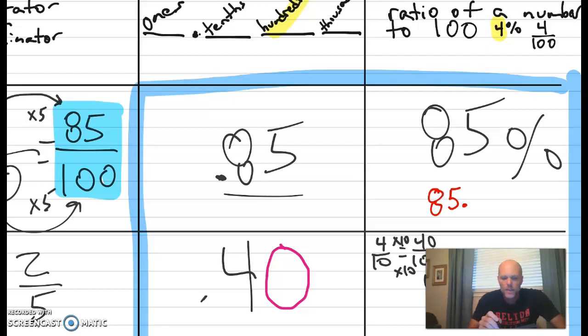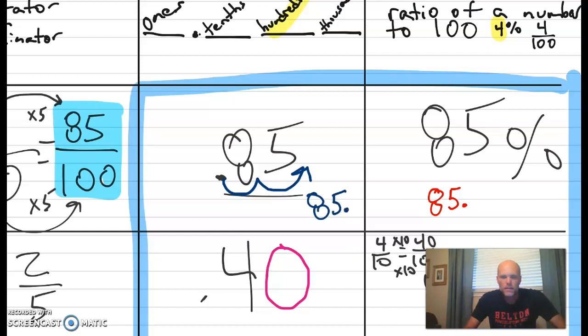So what that means is a trick to change a decimal to a percent is simply move the decimal over place values. So from 85/100ths to switch it to 85%, we would simply move that decimal to the right twice. To the right twice. And now all of a sudden, what is it? It's 85.